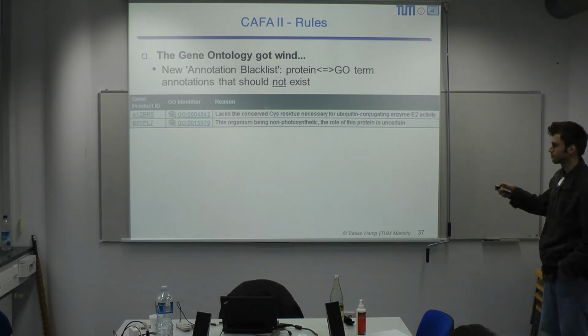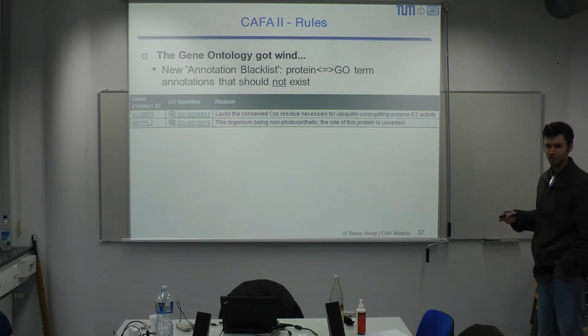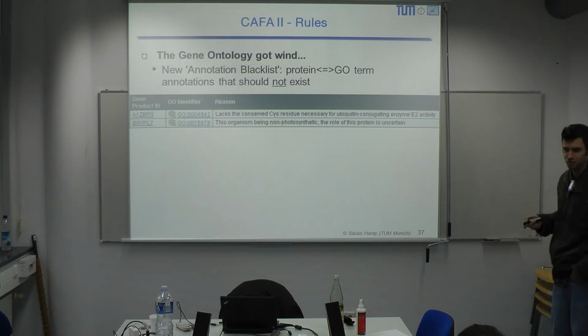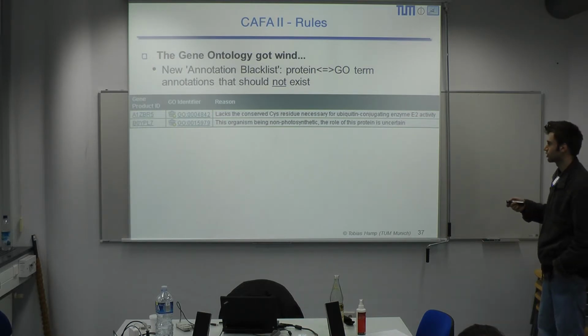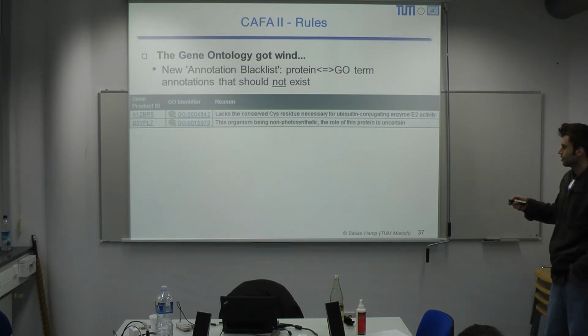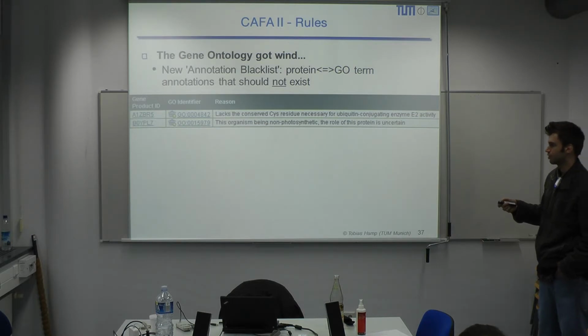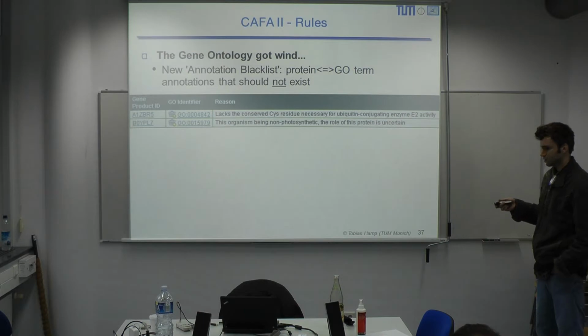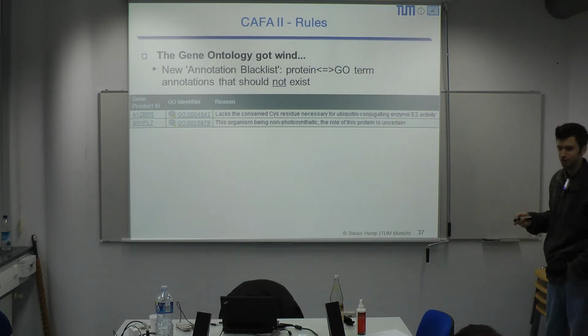And of course, if this one residue is different, then even the highest sequence identity doesn't help you with function prediction. And also, if you have a target that comes from an organism that is not photosynthetic, for example, and you predict functions which are involved in photosynthesis, that also doesn't really make sense.